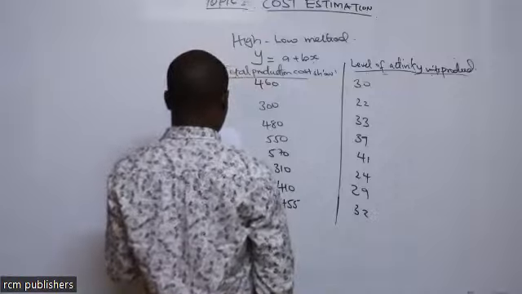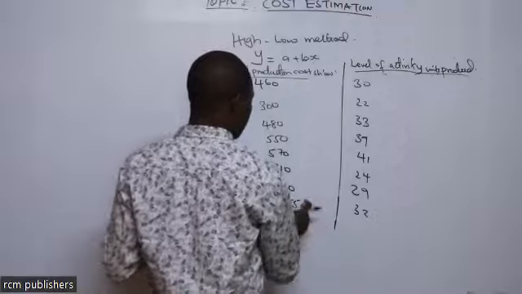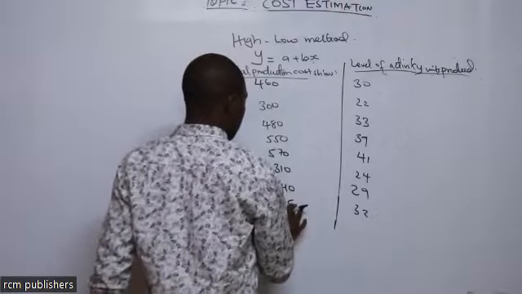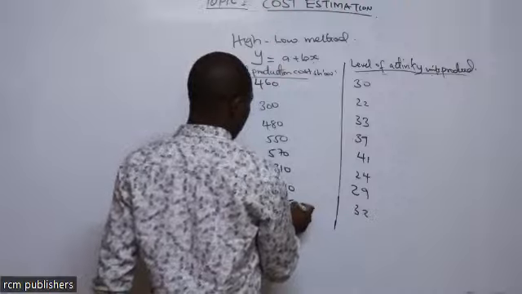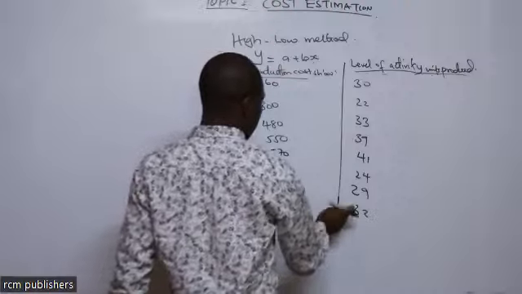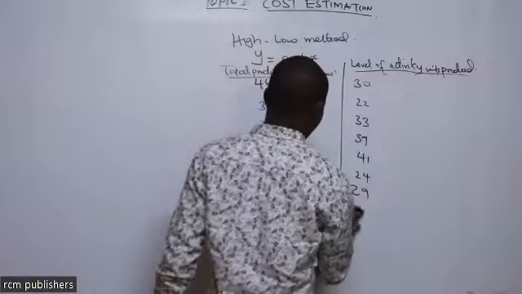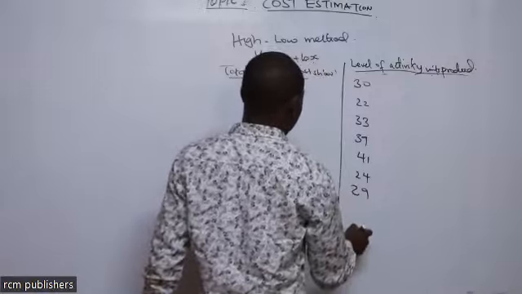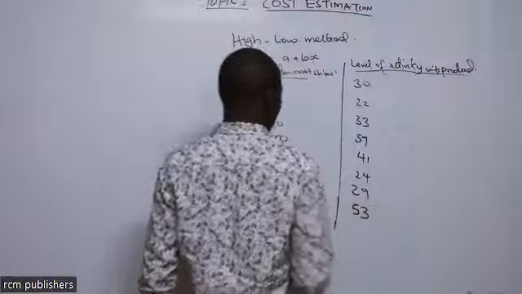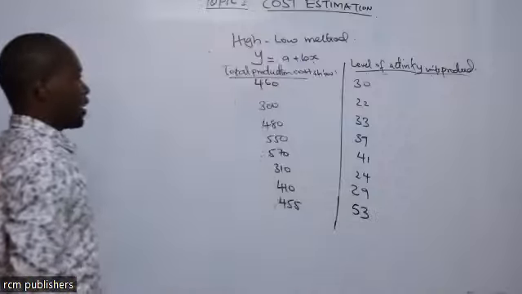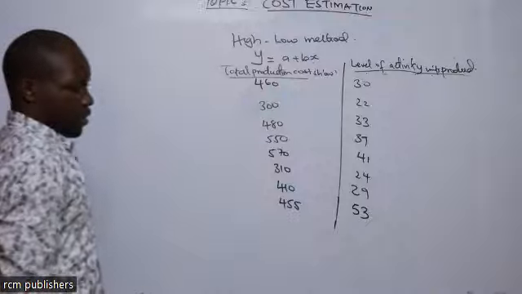Then we have, so let me just modify this to meet my interests, 55 against 53. Let's just have something of that kind. That is what is given.